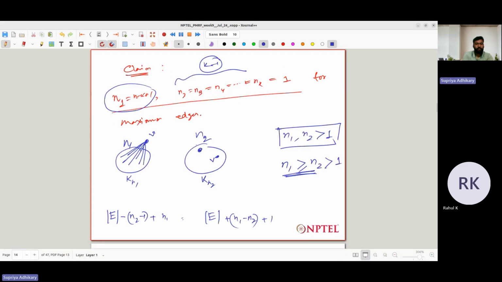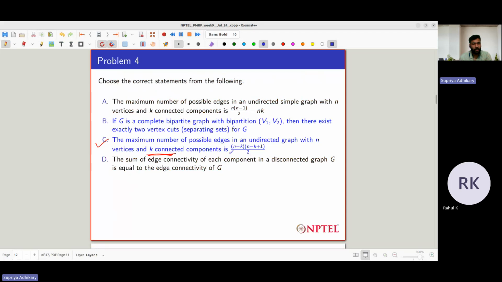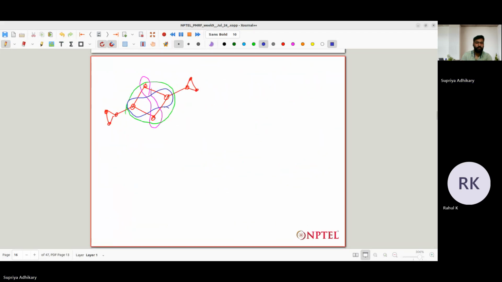Okay, so the question is that if we consider a complete bipartite graph with V1 and V2 as the partitioning sets, then it has exactly two vertex cuts.